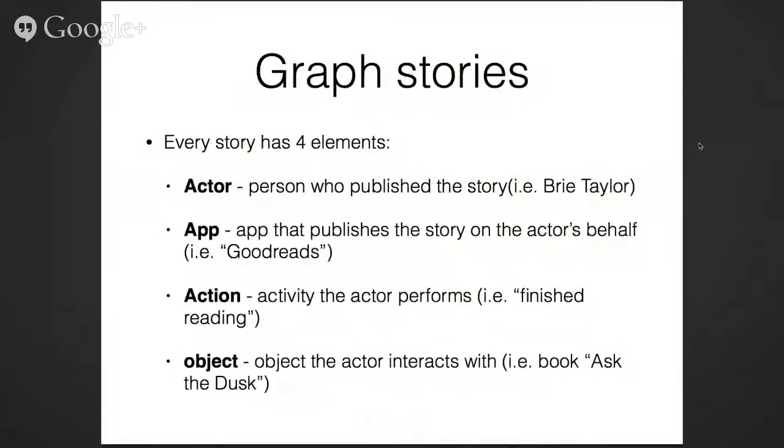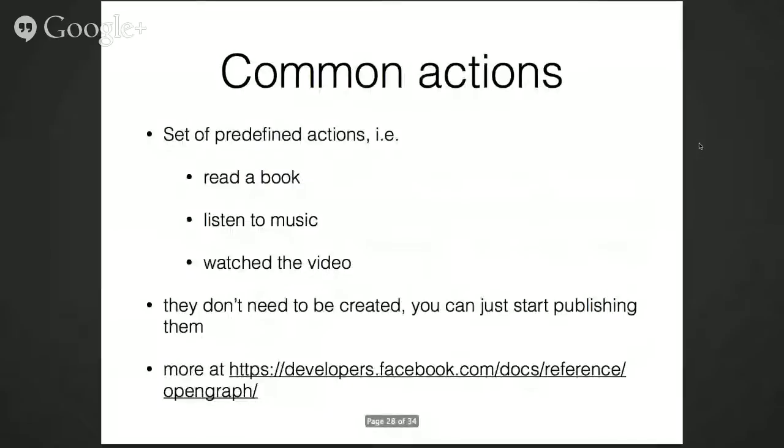Okay, once again, this is the definition. We have two kinds of Open Graph stories. We have common actions and we have custom stories. Common actions are a set of predefined actions, for example read a book, listen to music, or watch a video. And they don't need to be created, so you can just start publishing them.